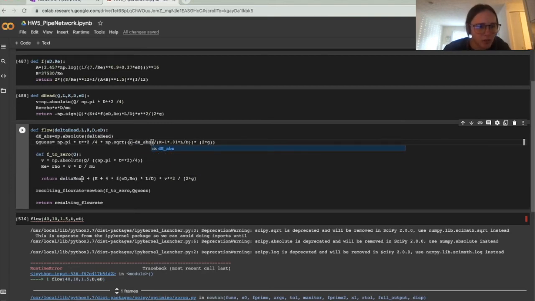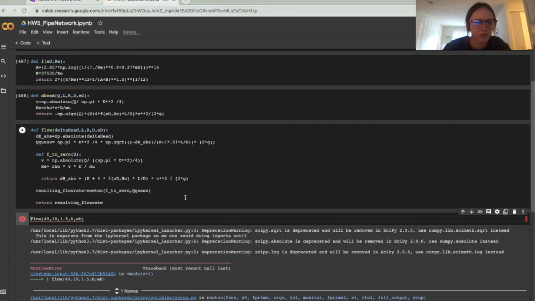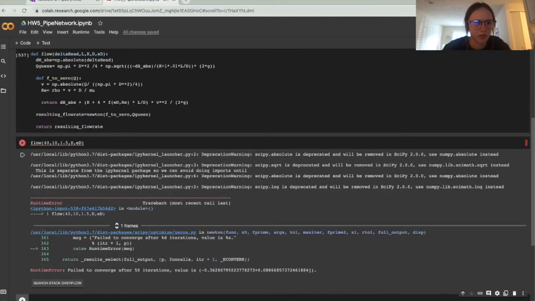So everywhere we see delta head, dH underscore abs. I think that's it. If we run this again, try running that.